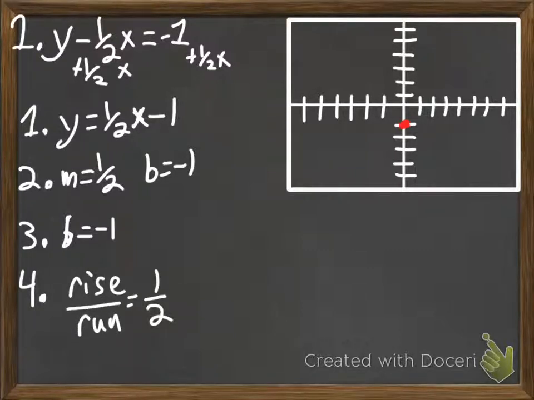So 1 over 2, which means we're going to go up 1, right 2. Because it's a positive 1, we go up. Because it's a positive 2, we go right. So from our first point, from this point right here, we are going to go up 1, right 2. So up 1 over 2 here. From that new point that we just drew, we're going to go up 1 over 2 again.